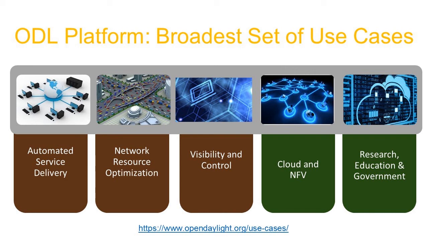And the last use case that we see quite a bit of is research, education, and government. And this is sort of greenfield deployments of specialized networks. So this is something like Internet 2, a large university network connecting different universities.